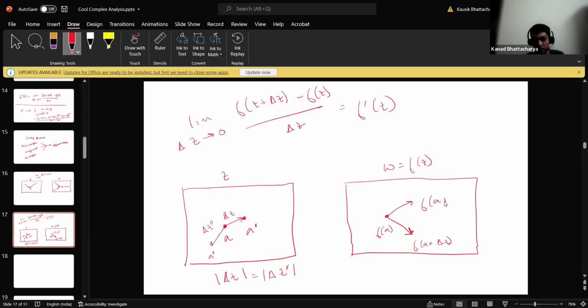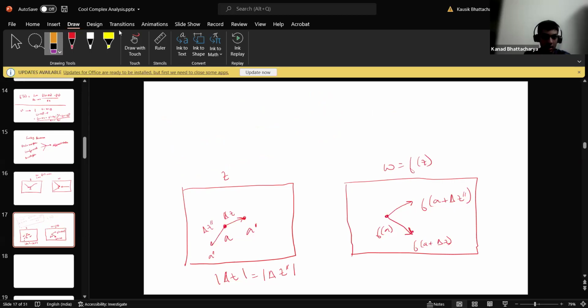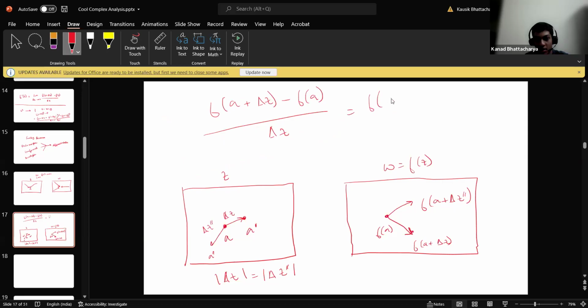Now, in order for this limit to be well defined, in order for the derivative to be well defined, we must have this identity to be true: f of a plus delta z minus f of a, divided by delta z, equals f of a plus delta z double dash minus f of a, divided by delta z double dash.